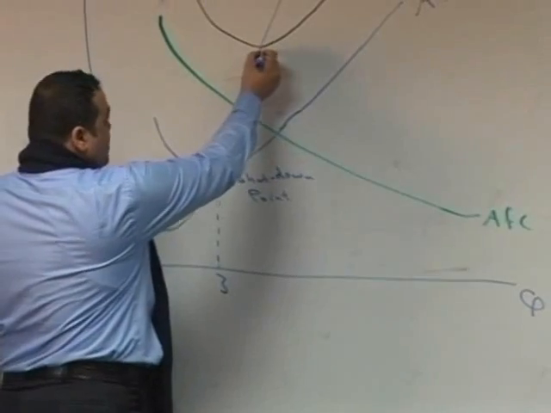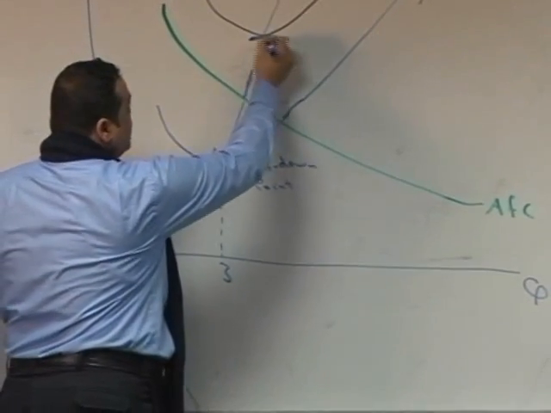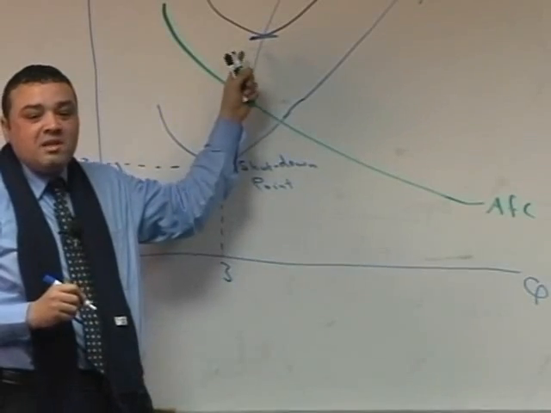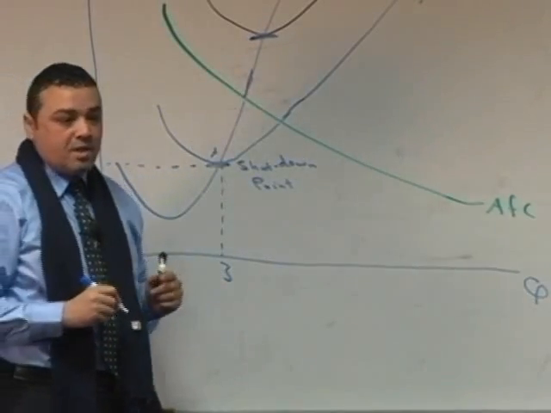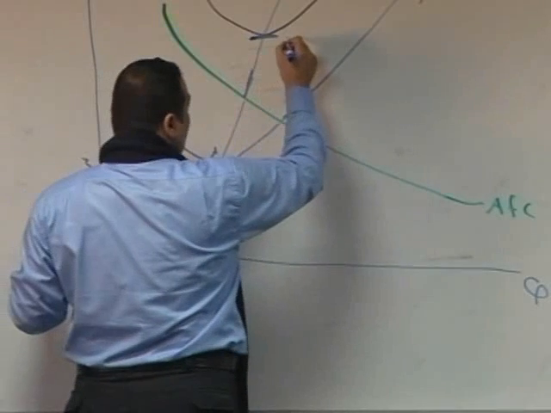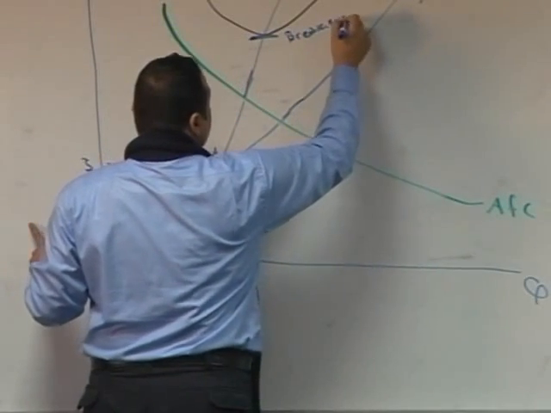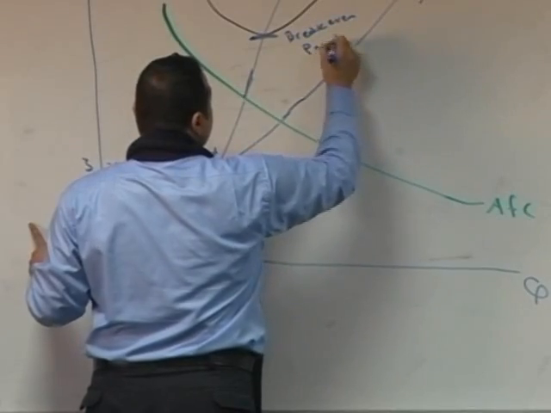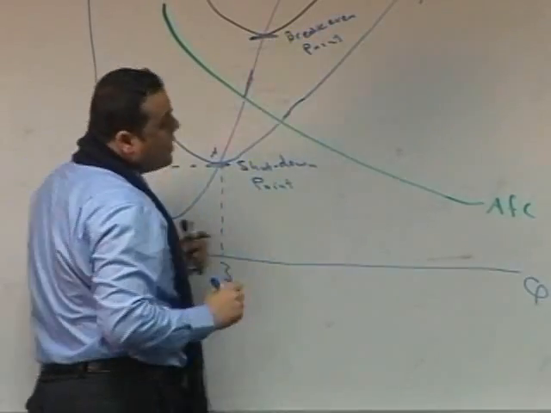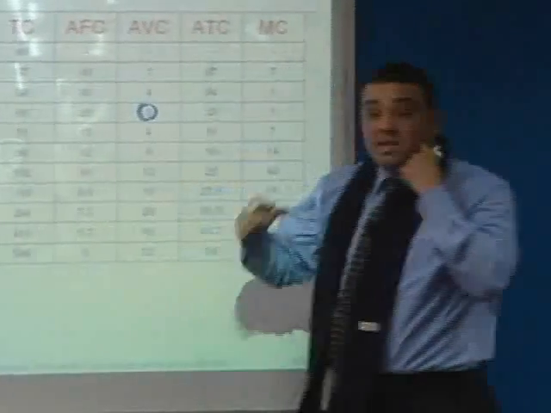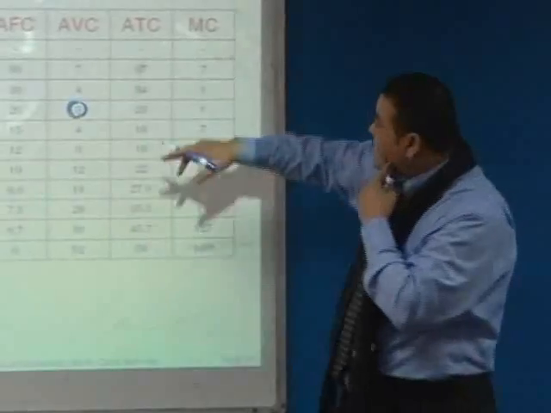What about this point? The minimum ATC. It's called the break-even point. Break-even point. At this point, which is the minimum ATC, or the least ATC.